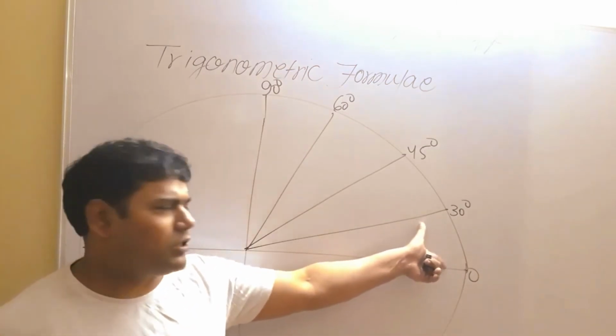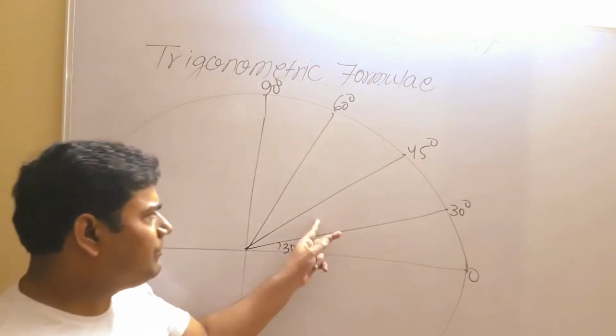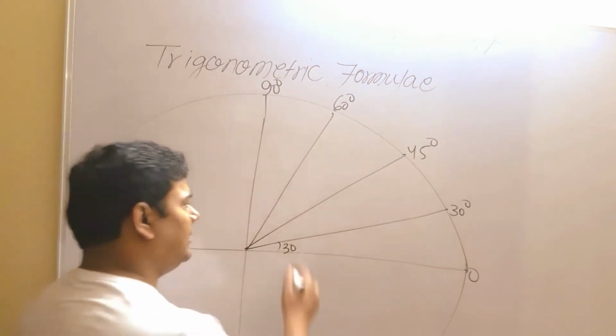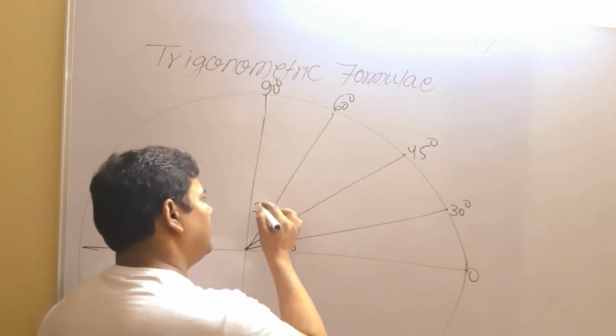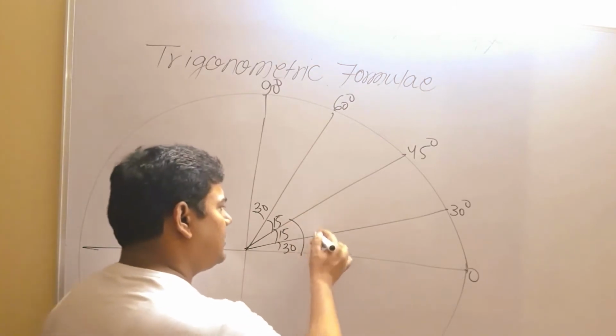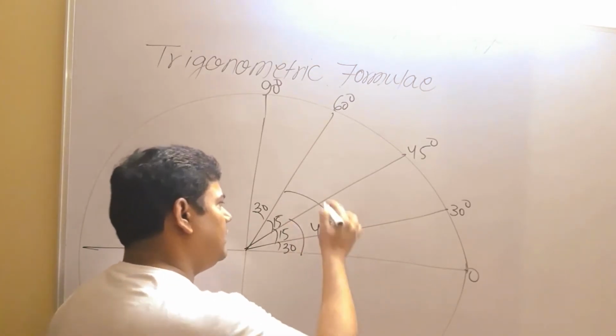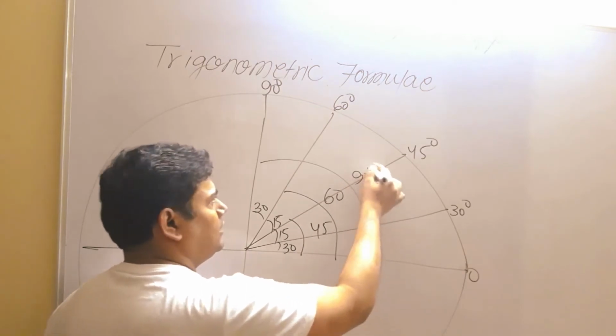What difference do you see here? The difference is 30 degree, then 15, 15, and again 15, 15 and again 30. So this is 30, this is 45, this is 60 and this whole is 90.